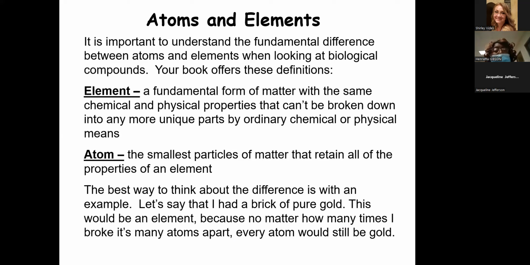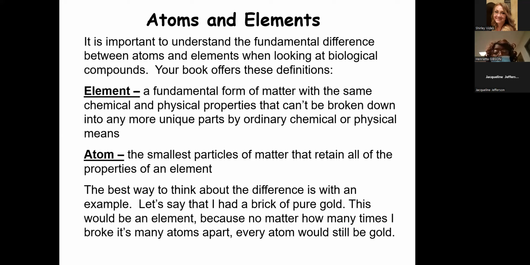There is a very big difference between atoms and elements, if you're looking at anything in biology or any kind of compound. So an element basically is a form of matter that cannot be broken down into more unique parts by either chemical or physical means.